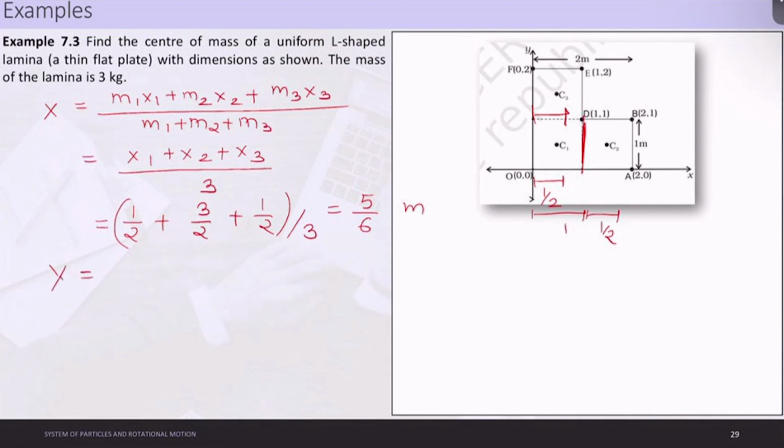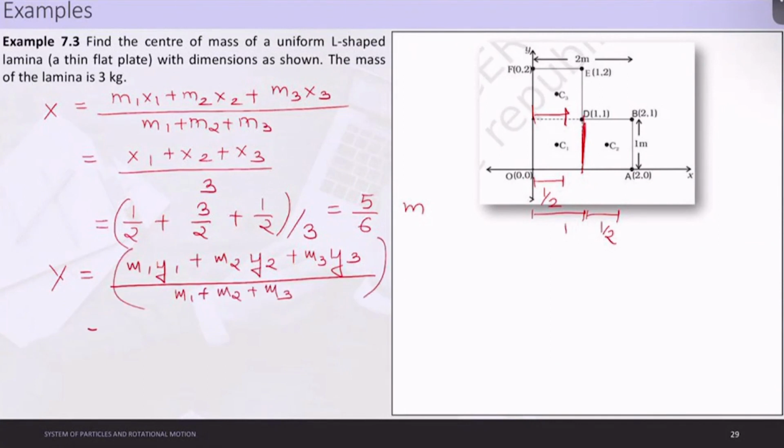So what is y? Simply (m1y1 + m2y2 + m3y3) upon (m1 + m2 + m3). As we know that masses m1, m2, m3 are all the same, equal to 1, we can change this equation into (y1 + y2 + y3) by 3.